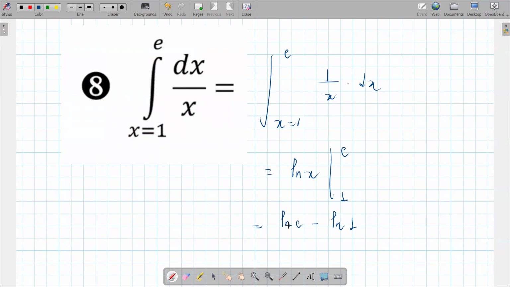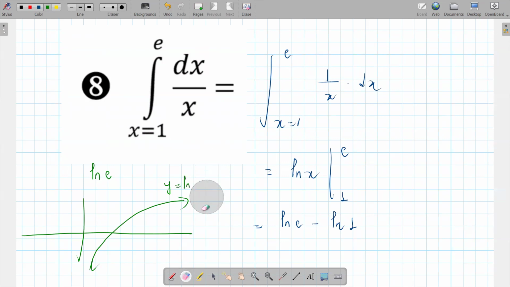Remember, ln and e are inverse functions, okay? Ln of e, what does that actually mean? This is the ln function, ln of x. Ln of e is this point right here.